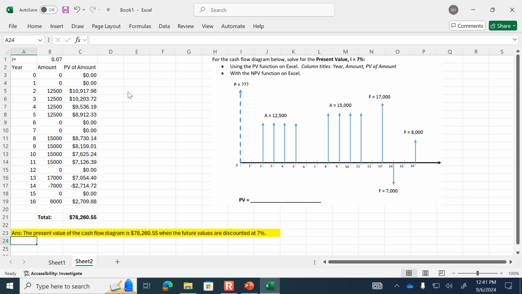Practice makes perfect on these. There's no reason you should expect to be really fluid with financial calculations on Excel if this is the first time you're doing it. And it's not going to be enough for you just to do today's in-class exercise and the homework. That's not enough reps for it to be natural and really quick for you.